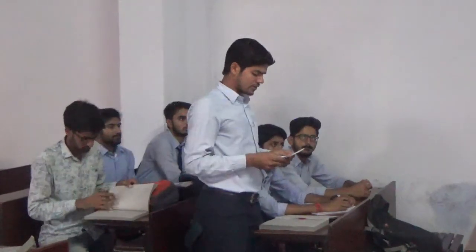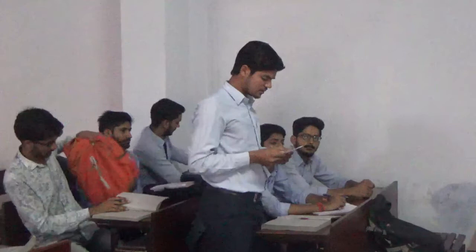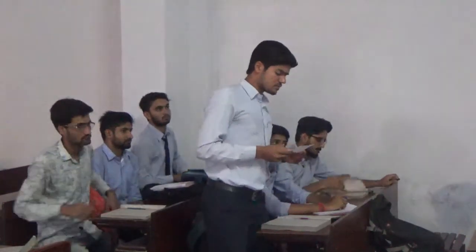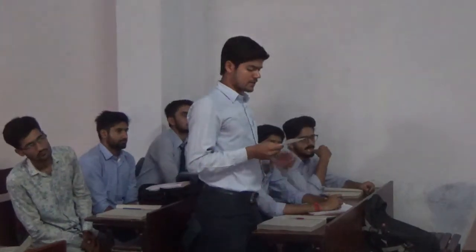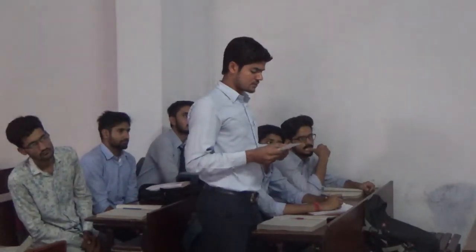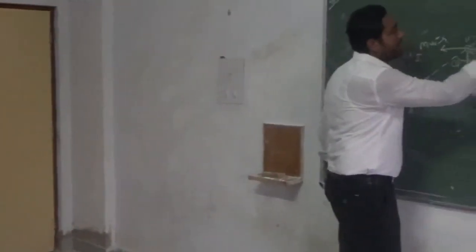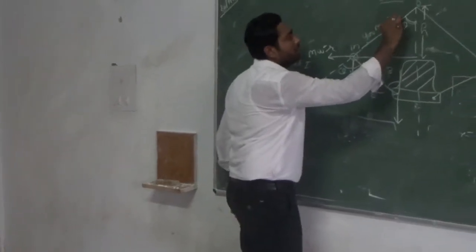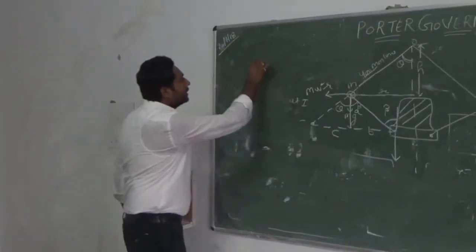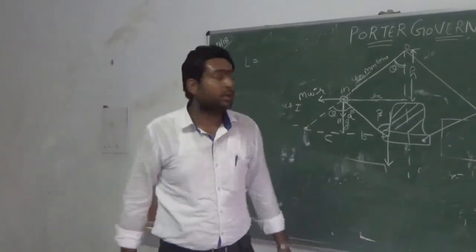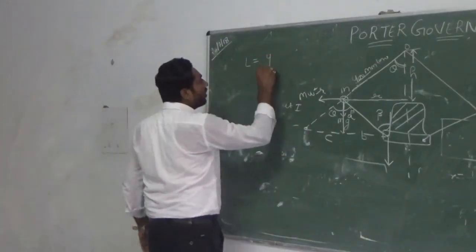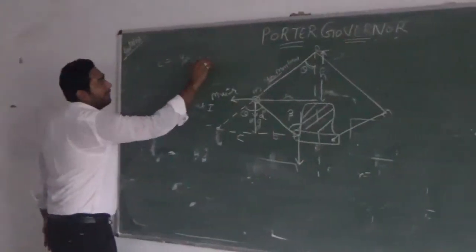In a Porter governor, each of the 4 arms is 400 mm long. What is 400? Length of each leg or arm is 400 mm.